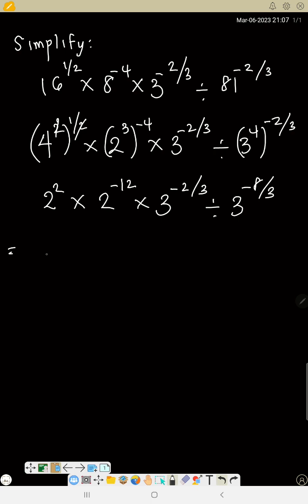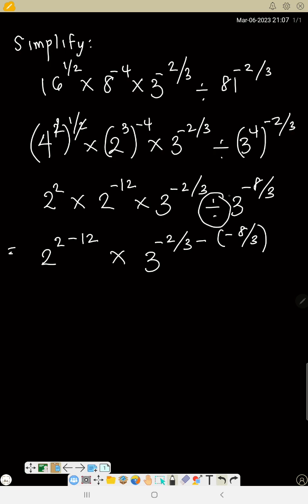So according to indices, I can have 2 square minus 12, that is times, we take 3 raised to power minus 2 over 3 minus minus 8 over 3.